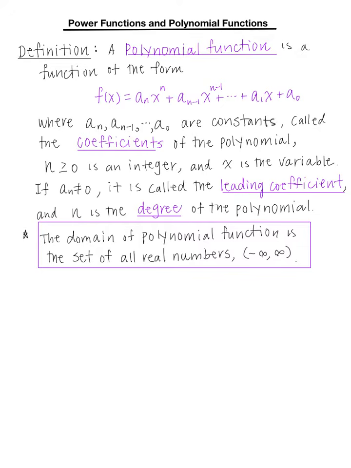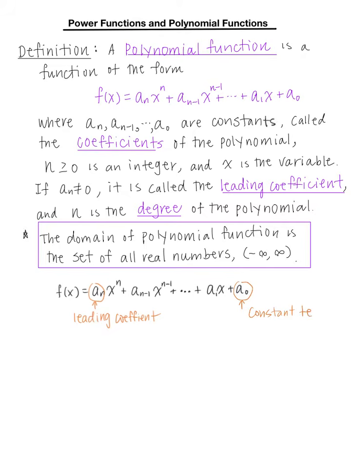So suppose you're given a polynomial of degree n in general form. If a sub n does not equal 0, then a sub n is called the leading coefficient. And if a sub 0 does not equal 0, then this is called the constant term.